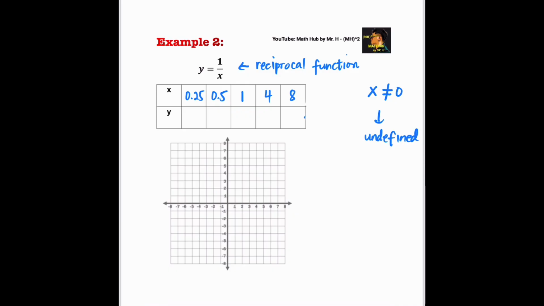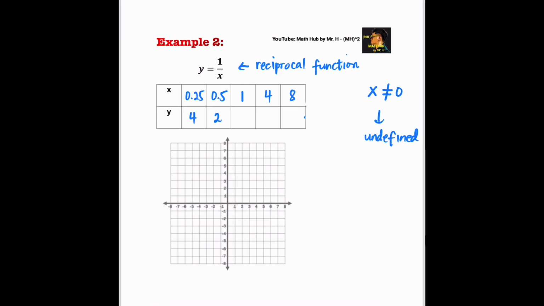All right, so if x is 0.25, then y equals 1 divided by 0.25, that is 4. If x is 0.5, the value of y will be 2, since 1 divided by 0.5 is 2.